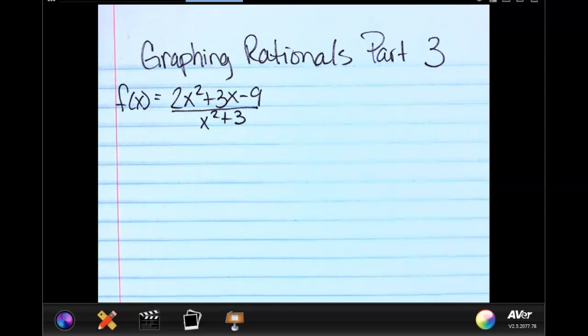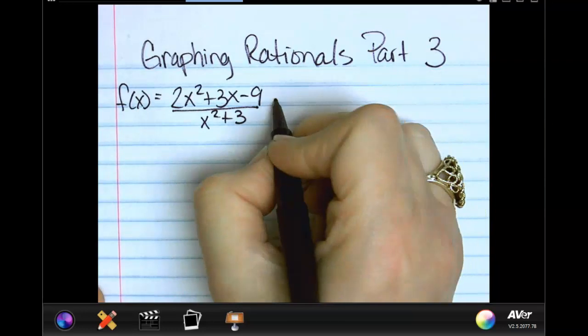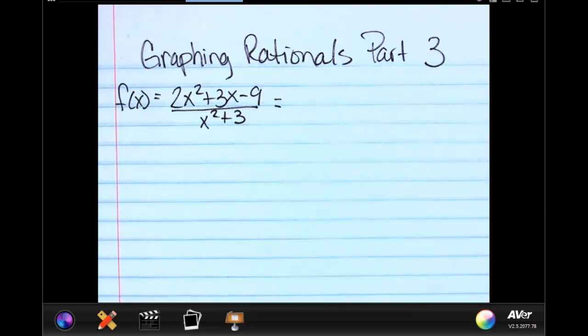For rationals, the first thing we do is factor. So go ahead and get this factored. We're going to do all the pieces, just not all right now.